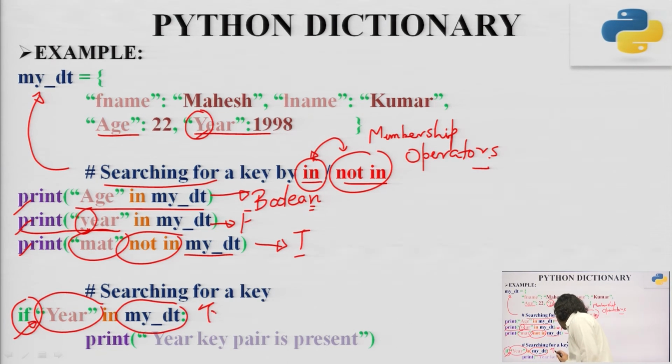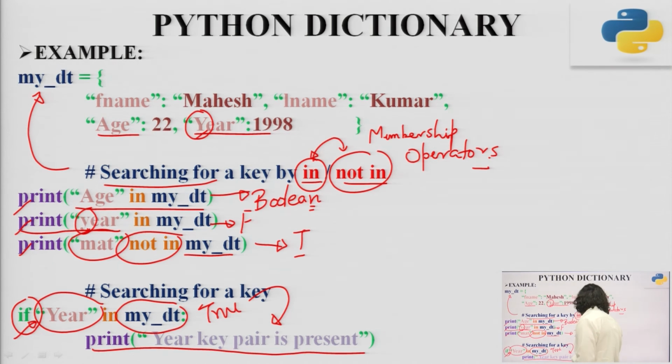If it becomes true, then the block of code related to this condition will be executed. Here you can see that year in myDT holds true. That means whatever block this statement holds will be executed. Here it is written in the print format, the year key pair is present. That means, this will be the output.